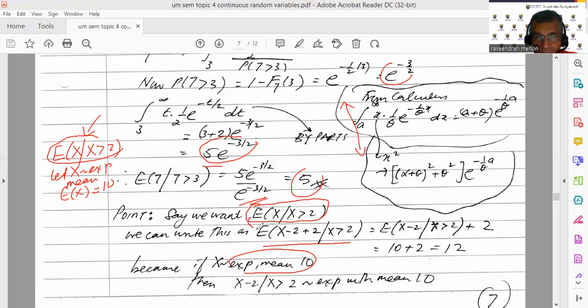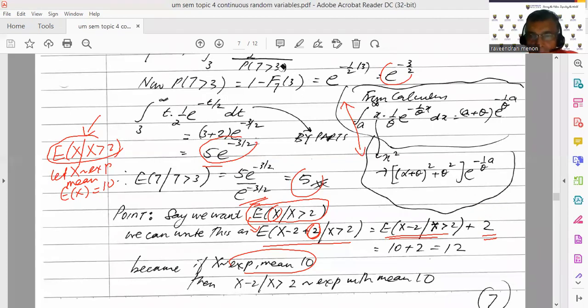You can see this is the same as this, except that this X here, I've made it X minus 2 plus 2. And what do I do after this? I take this out. It's a constant, right? So I can write it as the expected value of X minus 2 given X bigger than 2 plus, if you want, I can write the expected value of 2, but I don't think you want to write that, right? I think that's pointless. It's a constant. So I took that out.